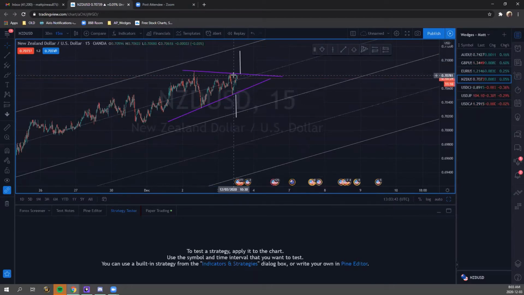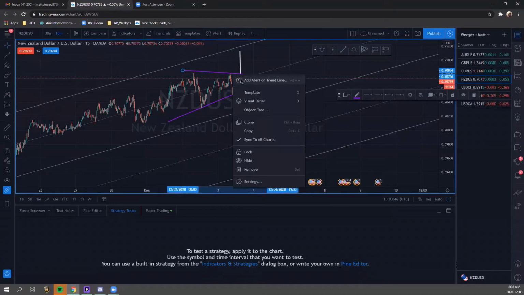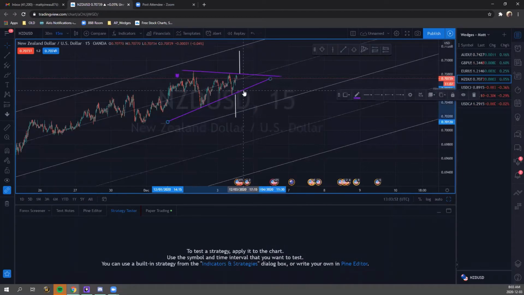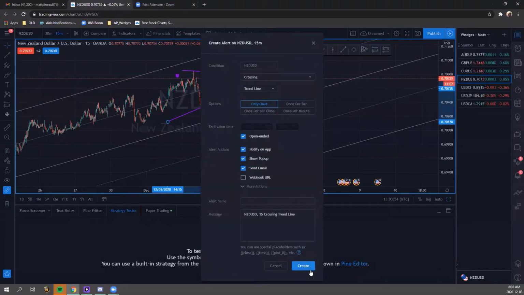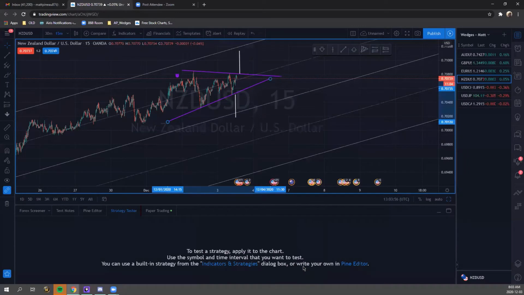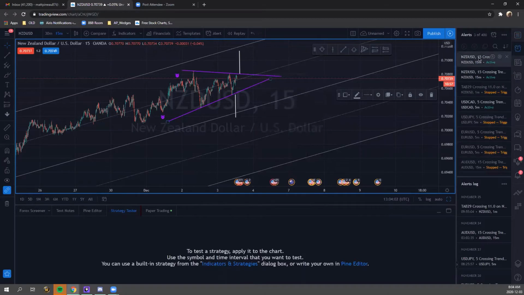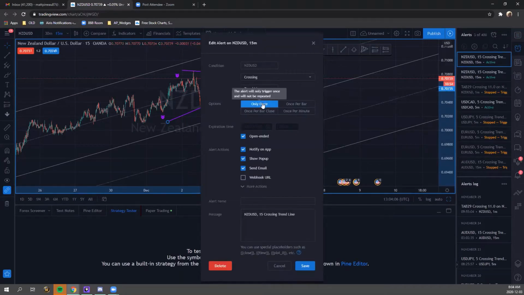So in order to identify that, we can stay busy and put an alert on the trend line. Oh, actually, sorry, I messed that one up. I wanted to put not candle close. I just wanted it to cross. No, only once. Okay, yeah.